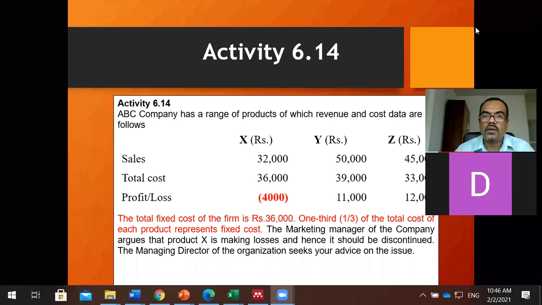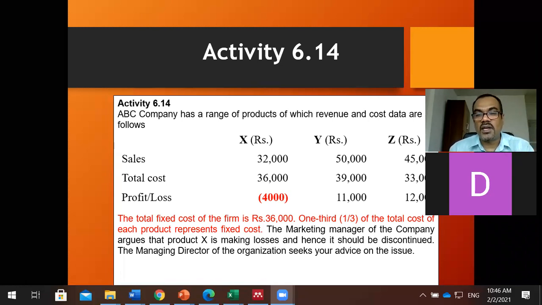If you stop this, of course, there is no loss. Loss can be reduced, apparently, from X. Loss from X can be reduced. That is the argument. That is how you should go ahead with the calculation.